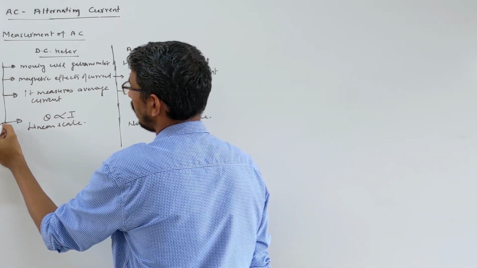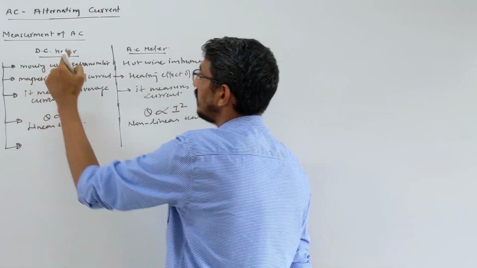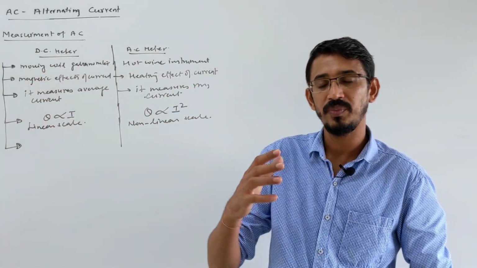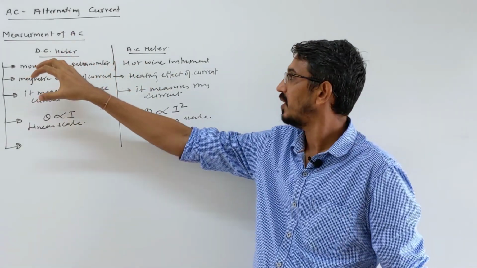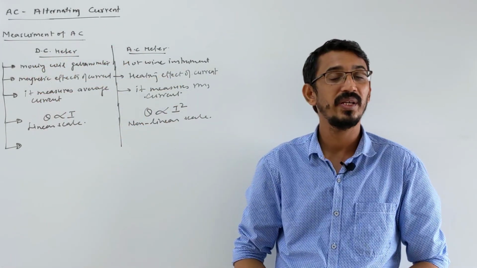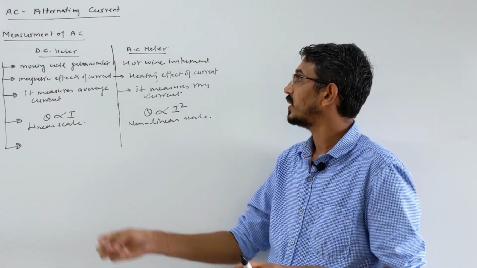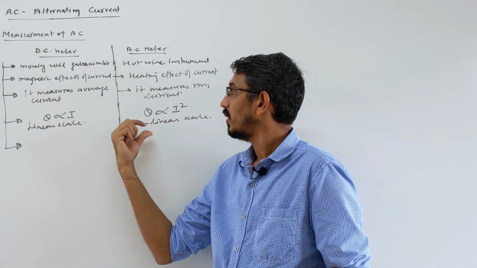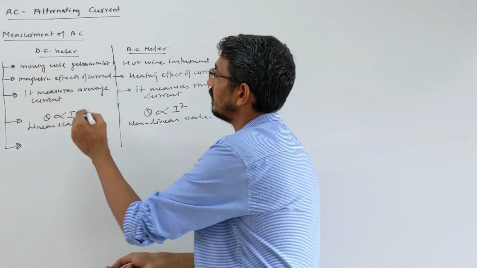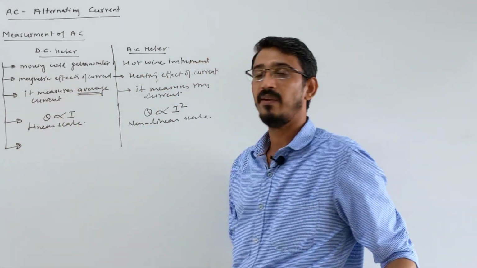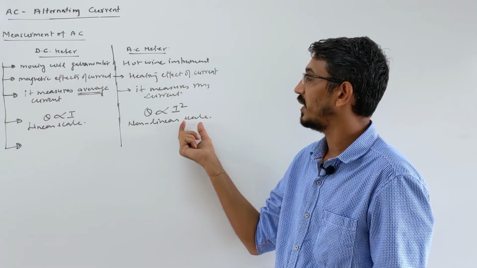What else can you talk about? Suppose you connect this DC ammeter or DC meter in an AC circuit, then what will happen? It will not measure anything. Why? Because it measures the average, and the average value for AC is 0.